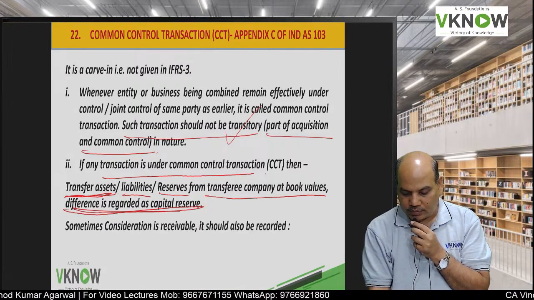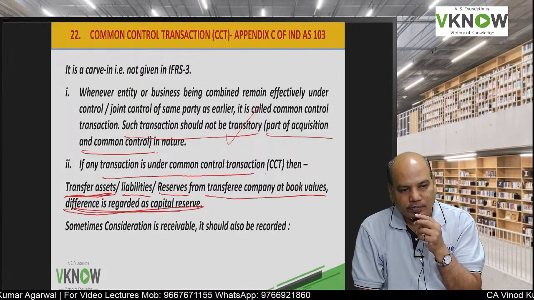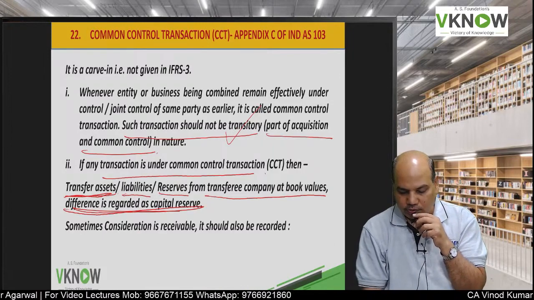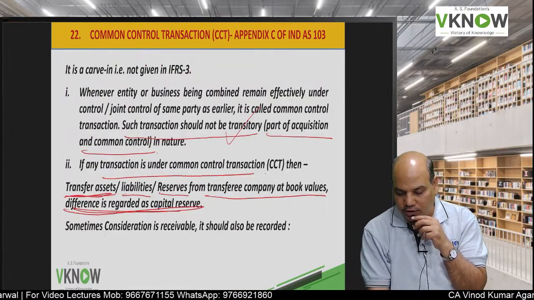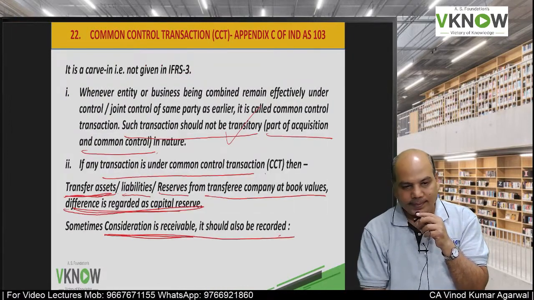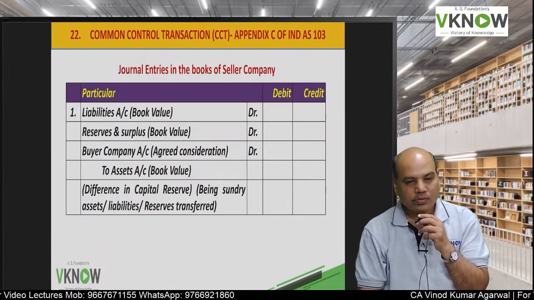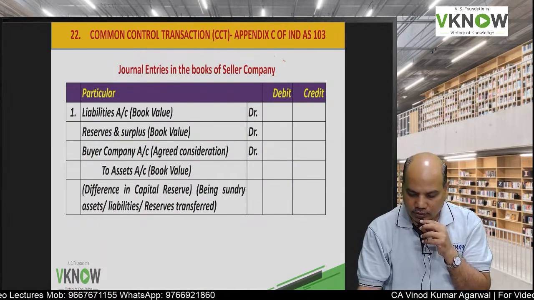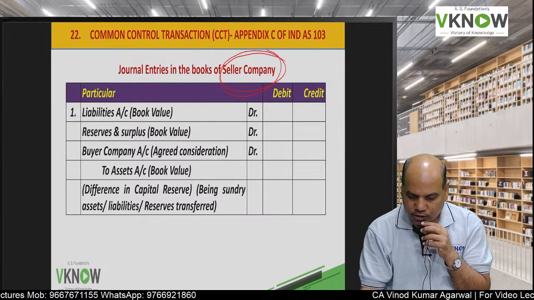So all items, assets, liabilities and reserves will be recorded at book value. If any consideration is receivable, then this should also be recorded. So I'll give you a set of entries not given in your institute study material.